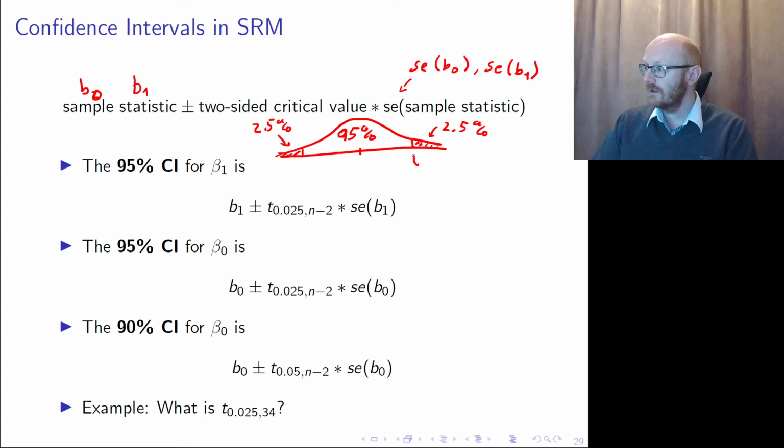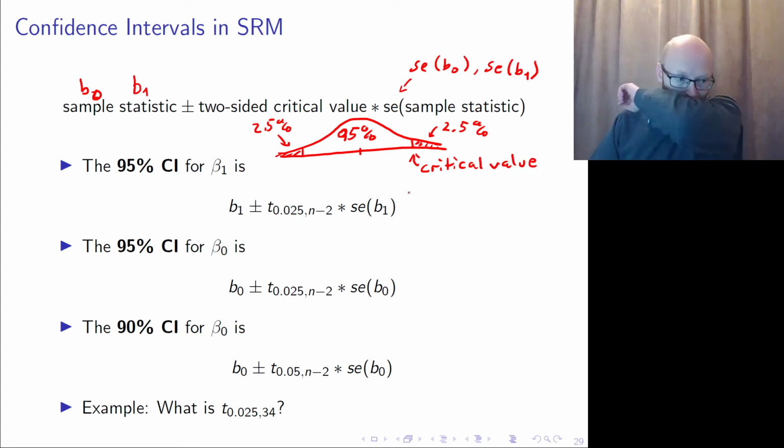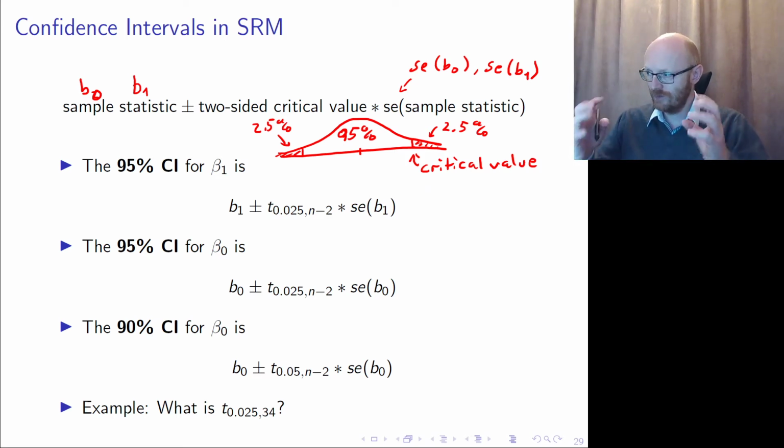So that would be the critical value, which is the number of standard errors away from the mean you have to go to be 95% certain to contain the true value of the slope.